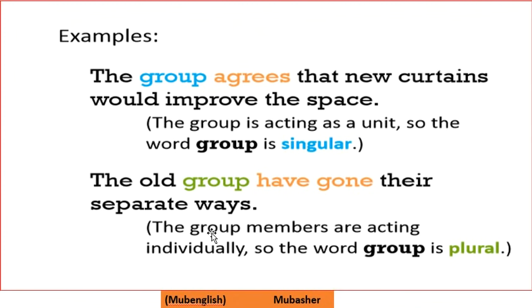Now you can visualize that the complete group has been dispersed, and every individual of that group is going their different separate ways. So here the members are separate entities. That's why this group is taking a plural verb according to the context.